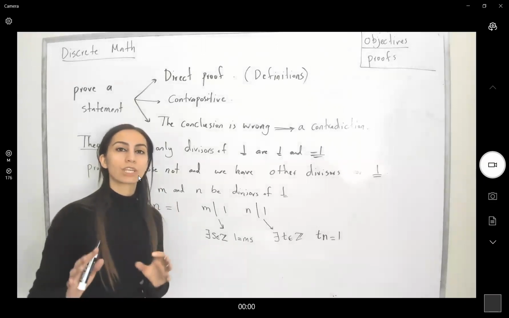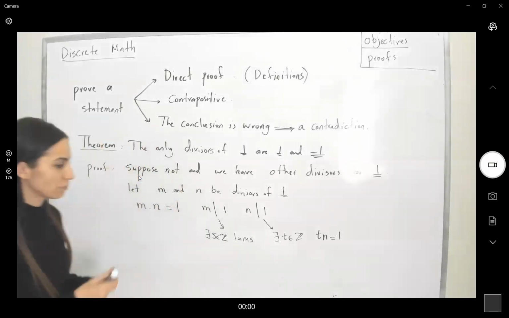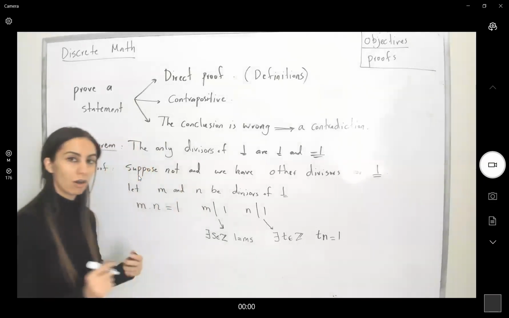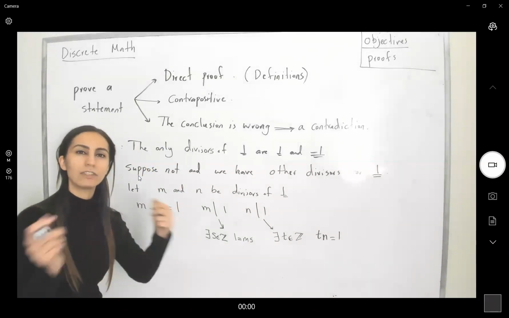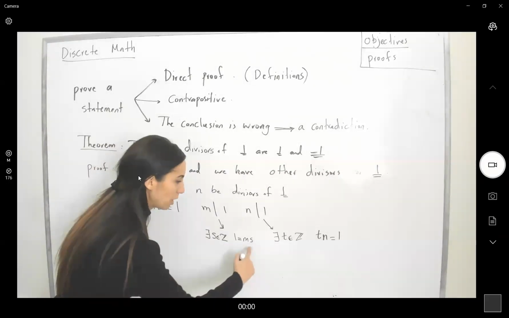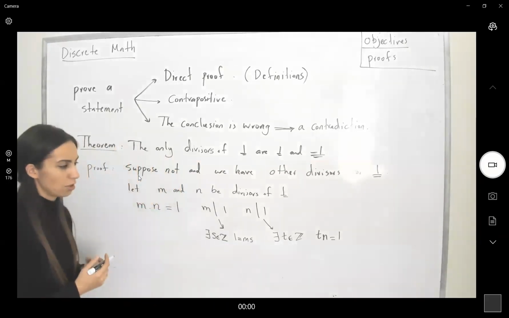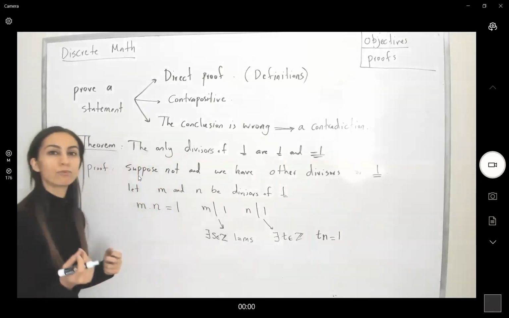Note that we're not working with real numbers. We only work with integers. So m and s are integers that, when you multiply them together, the result is equal to 1. So what are the multiples that, when you multiply them together, give 1?